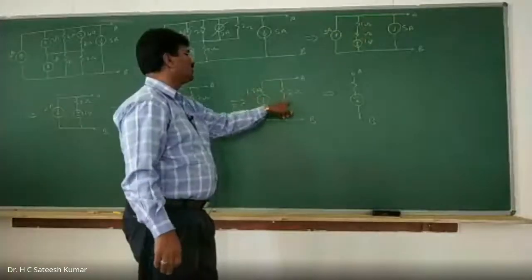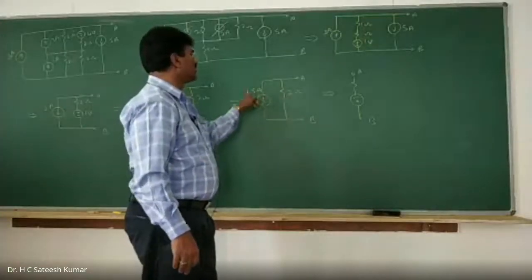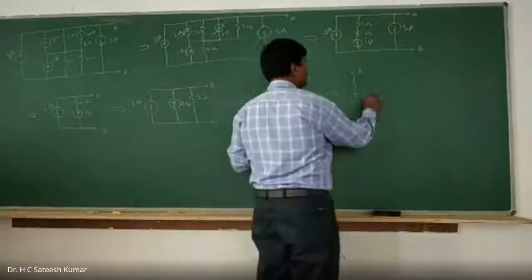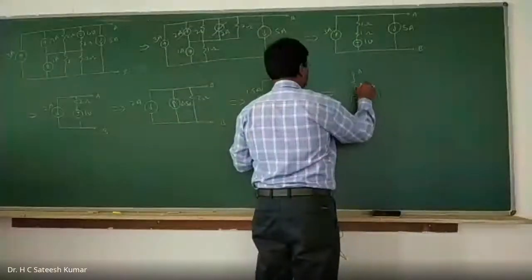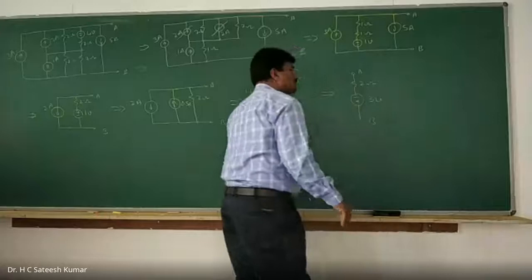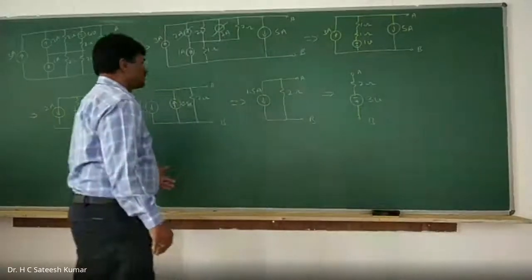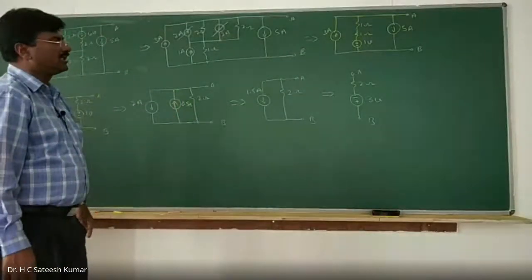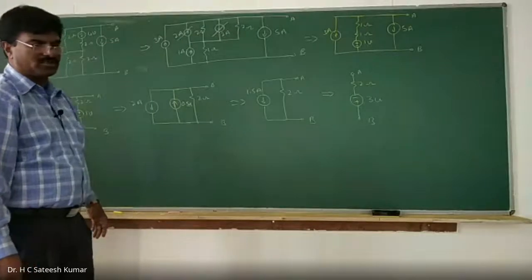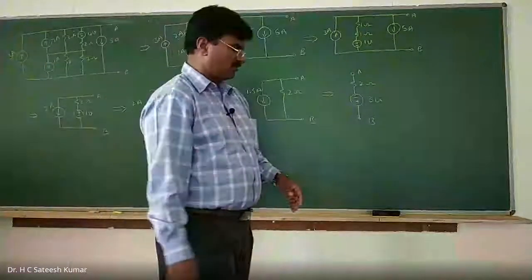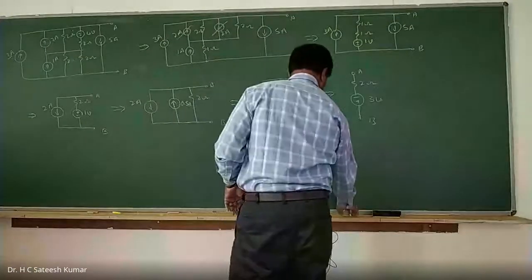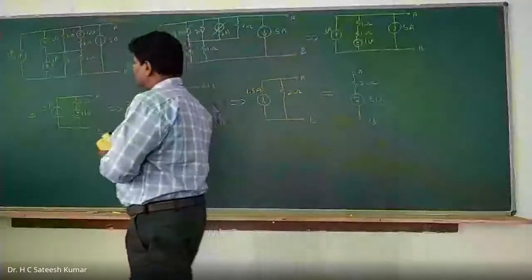V is I into R. So 1.5 into 2, 3 volts. And this is 2 ohms. That's it. So that is the question: convert it into a practical voltage source. Any source with a series resistance, we call it a practical voltage source. That's what we should do. So this is the way you should do the problem.